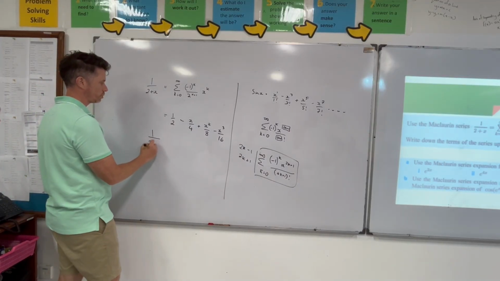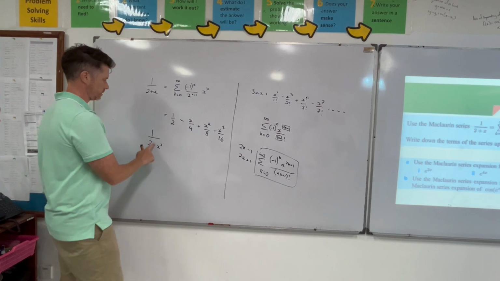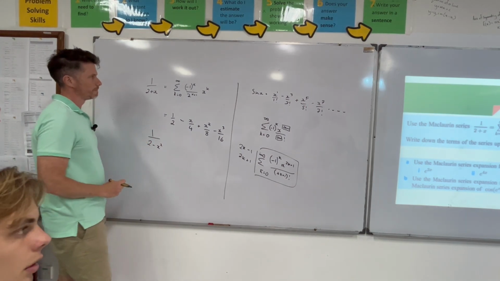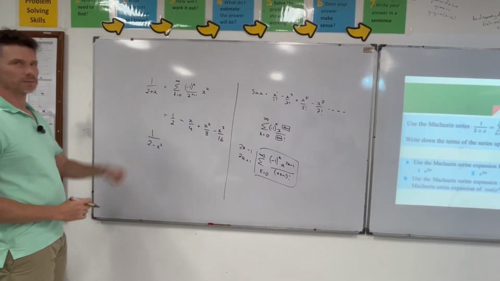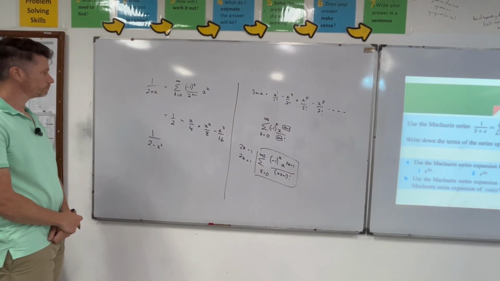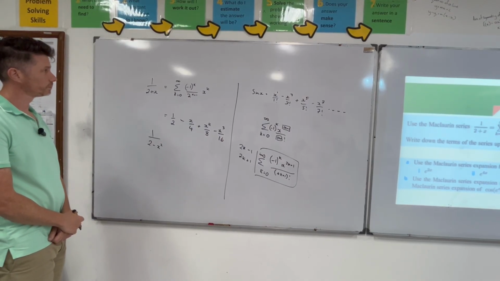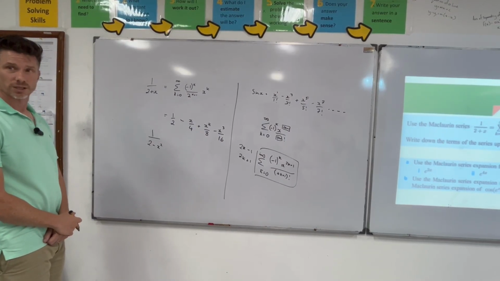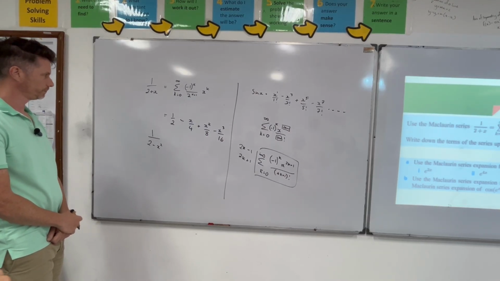But how will I get the Maclaurin series for 1 over 2 plus x squared? Is it plus as well? Minus x squared. How will I get that using this? It's going to be substitution. What do you think we're going to substitute in?